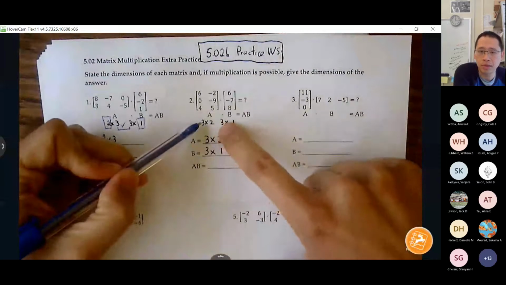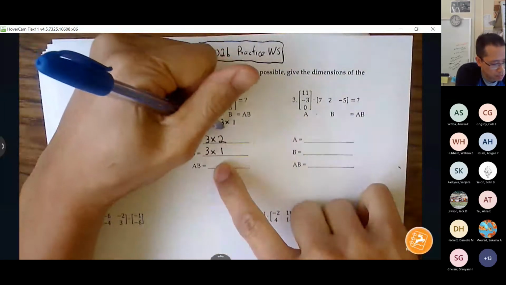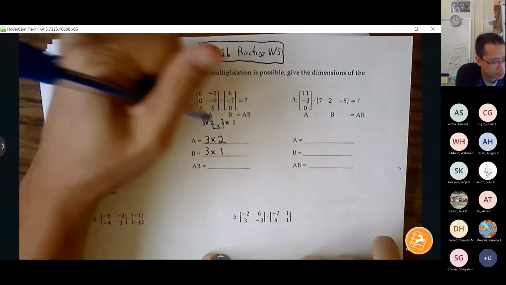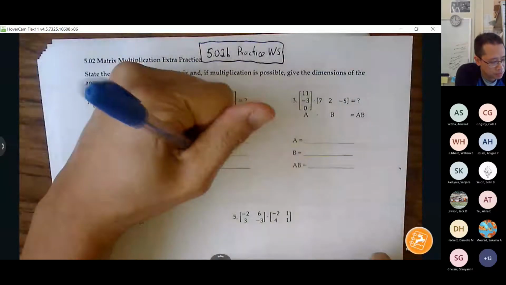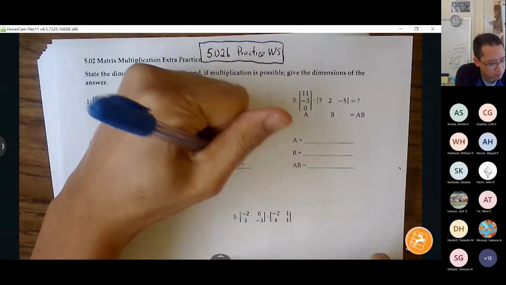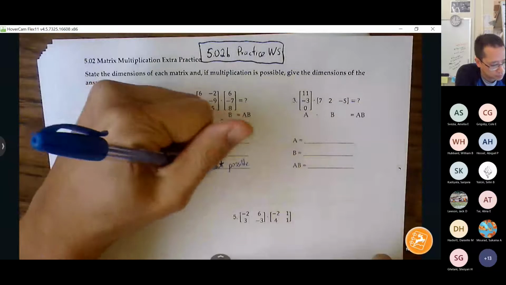We don't really care that the rows are matching. We need the column of the first to match the row of the second. They don't match. Therefore, we're not going to be able to multiply those together. Okay, not possible.